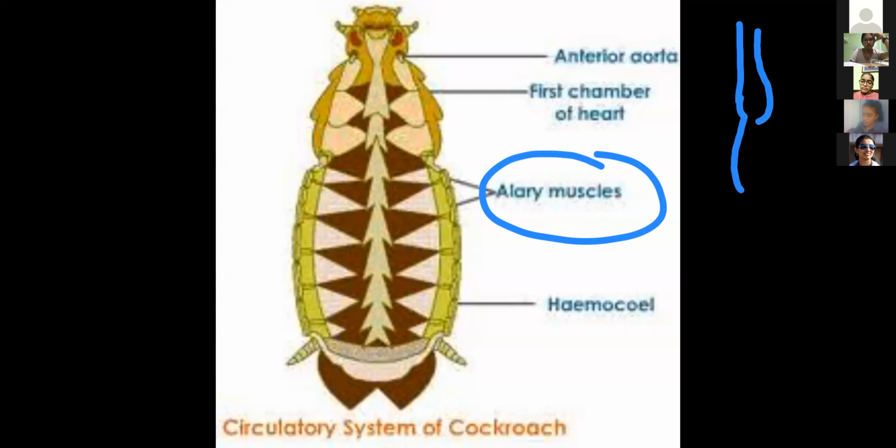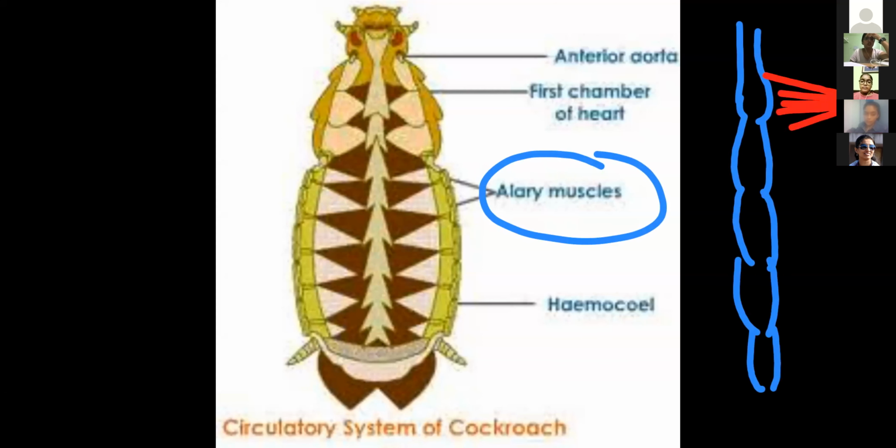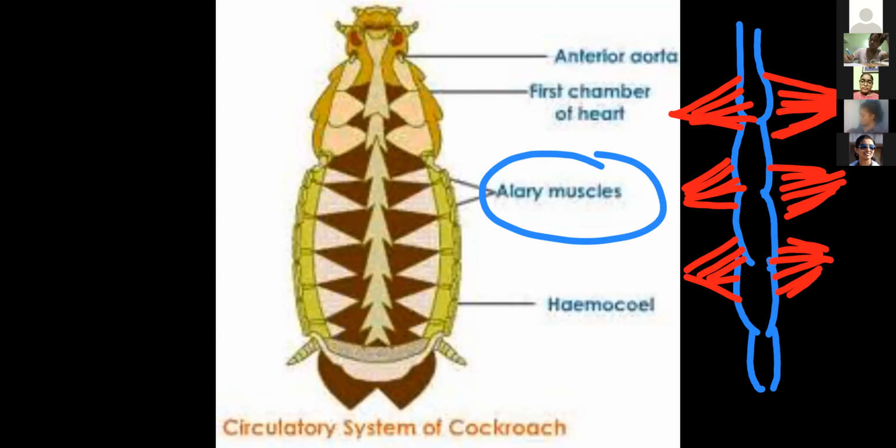Then second number heart chamber, third number heart chamber, fourth number heart chamber, fifth number heart chamber, right? Like that 13 heart chambers are there. So between two adjacent chambers like this, the muscles are present. Right? And these muscles' name is alary muscles.